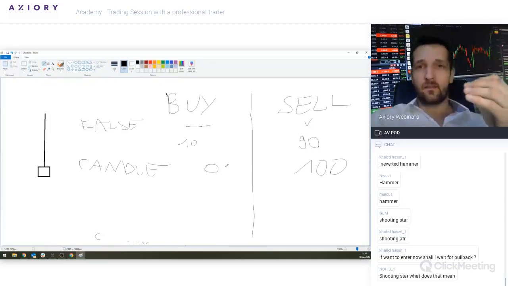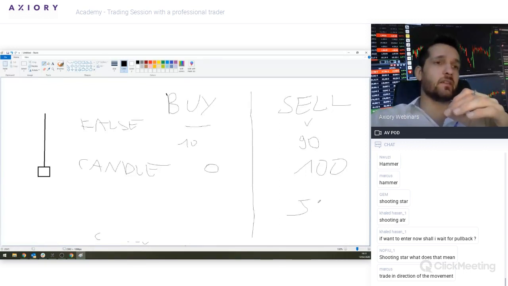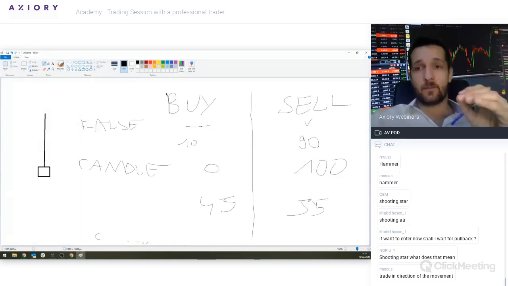For our understanding of price action, that was a 100% sure movement. But objectively, for the market, it was like 55 to 45. But for you, it was 100% to 0.